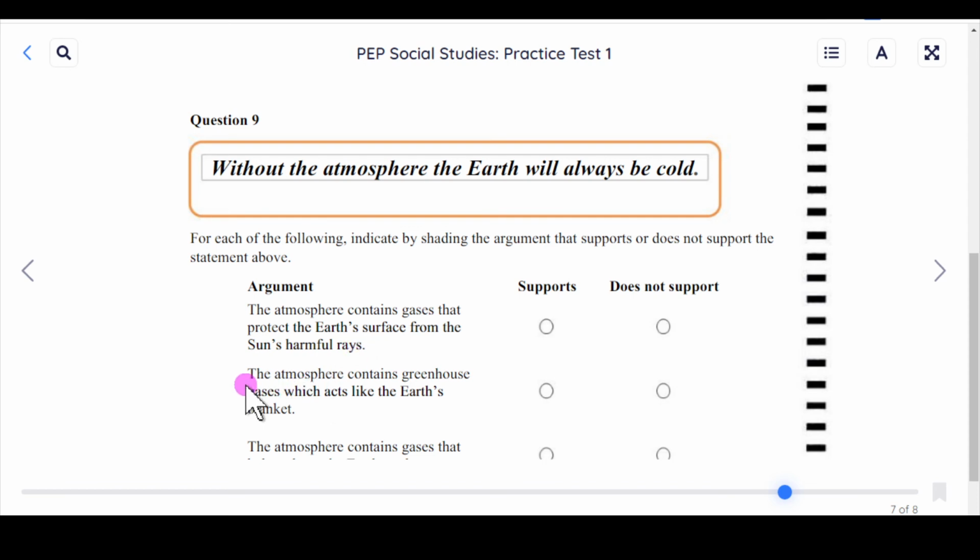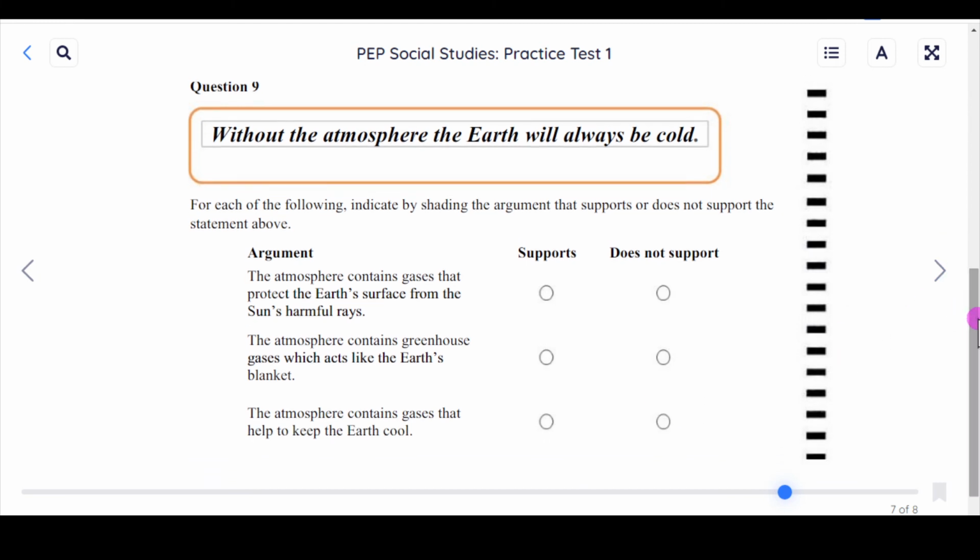Let me go again with the next one. The atmosphere contains greenhouse gases that act like a blanket. Well, a blanket helps to keep me warm, which is the opposite of cold, so that looks like it supports it. The atmosphere contains gases that help to cool the earth. If I am cold, I don't want to get cooler.